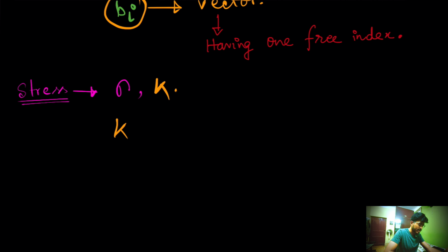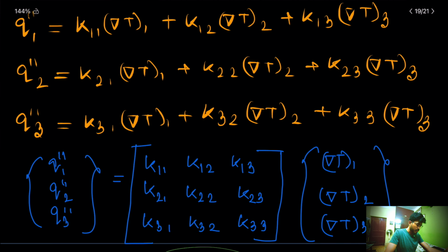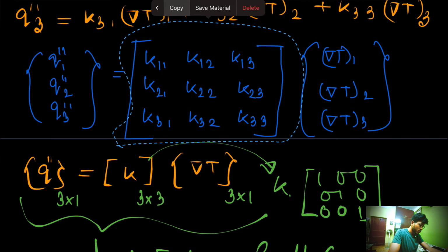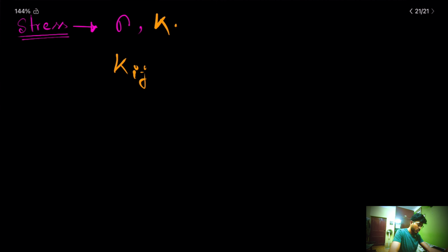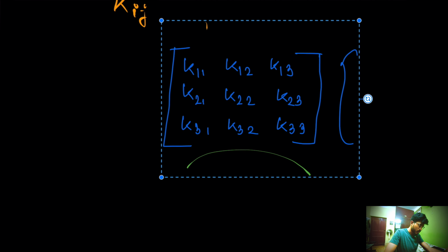So I write here Kij. Let me just copy this matrix again, let me copy it here.